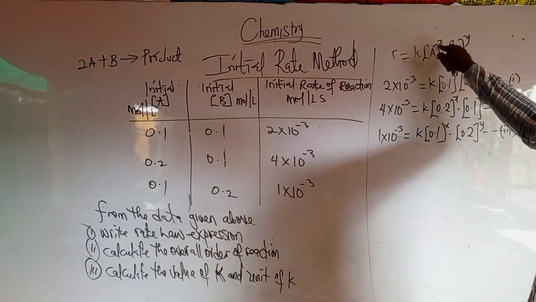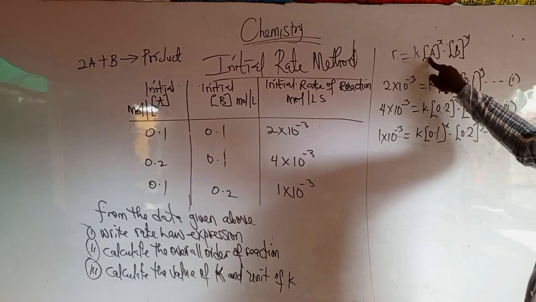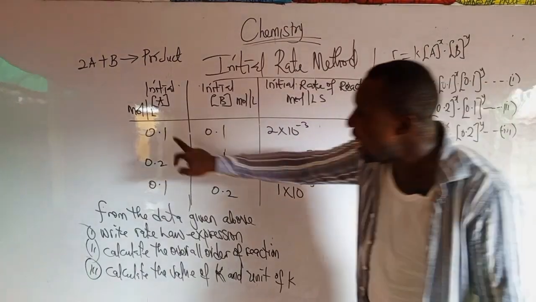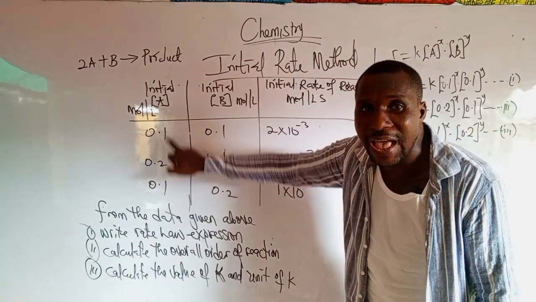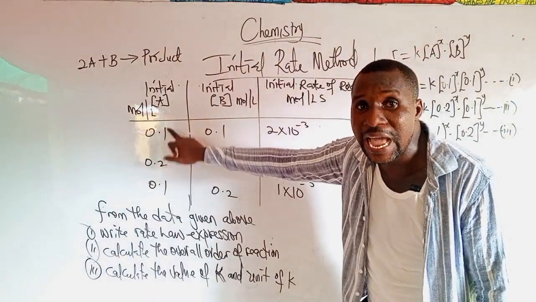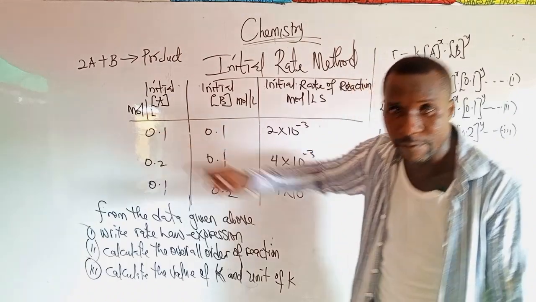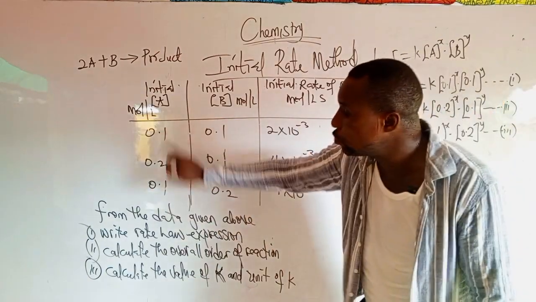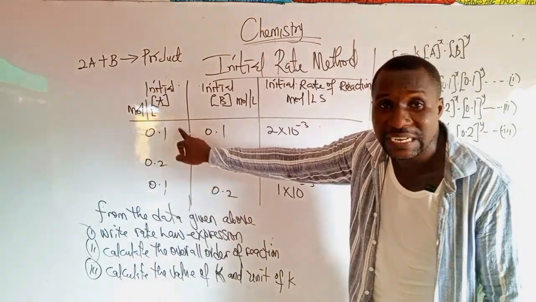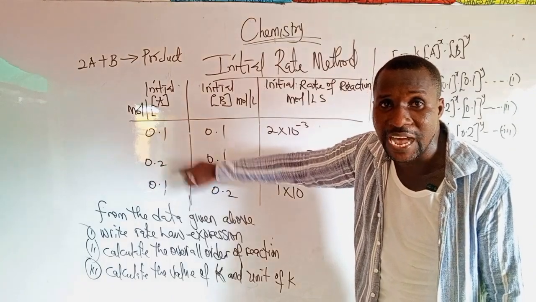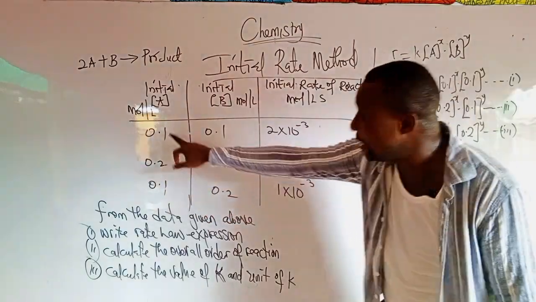And I know X is the order of reaction with respect to A. That means I will use two experiments under A that have the same value, the same concentration. Which experiments?